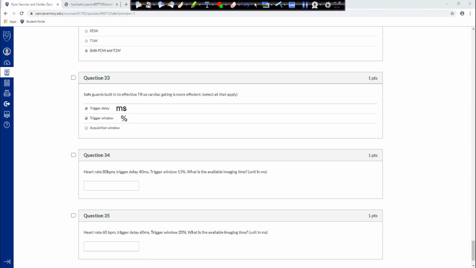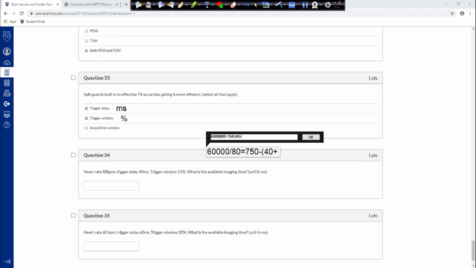All right, so how do we calculate for 34 and 35? Heart rate's 80 beats per minute. So first thing we need to do is 60,000 divided by 80. That gives us what? 750. And then we need to subtract our trigger window and our trigger delay. What is our trigger delay underneath there? Our trigger delay is 40.